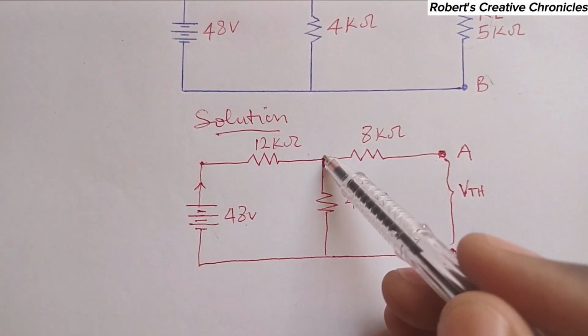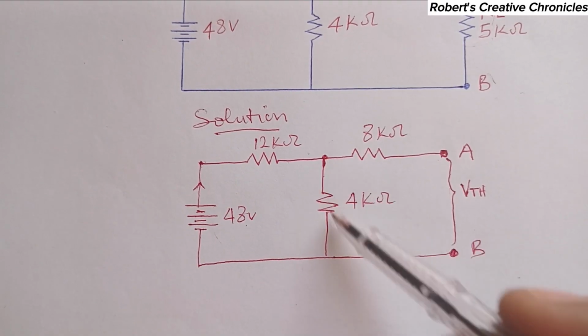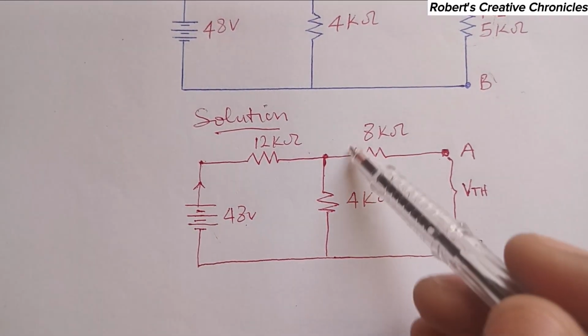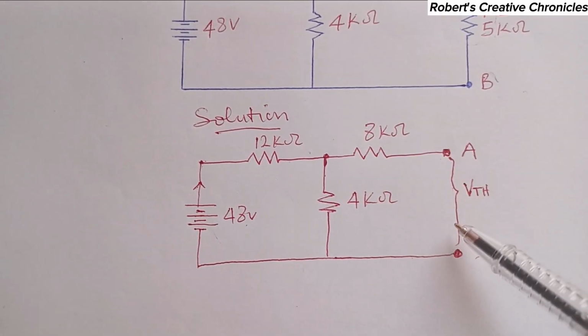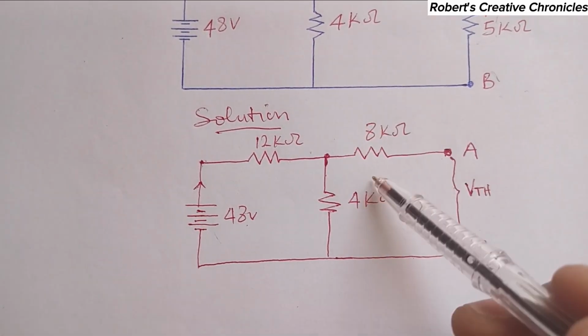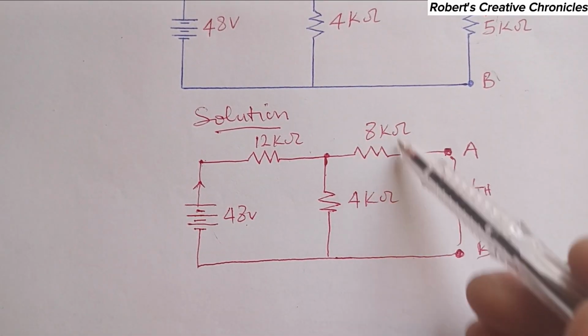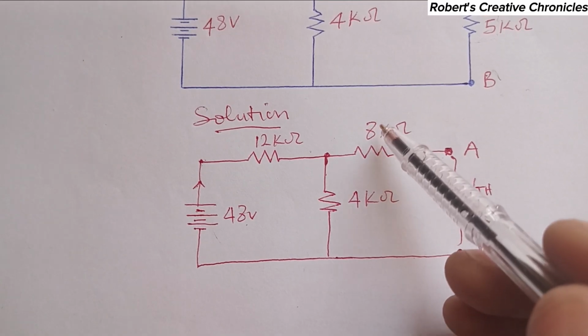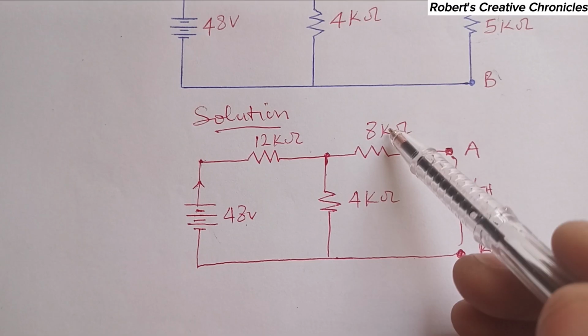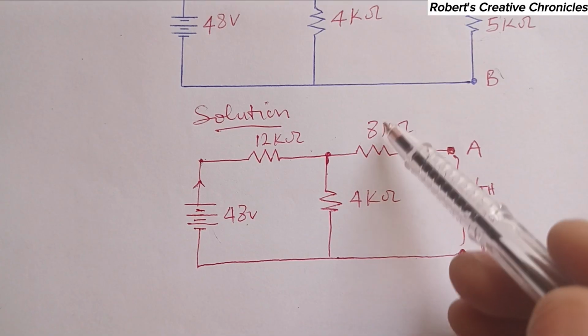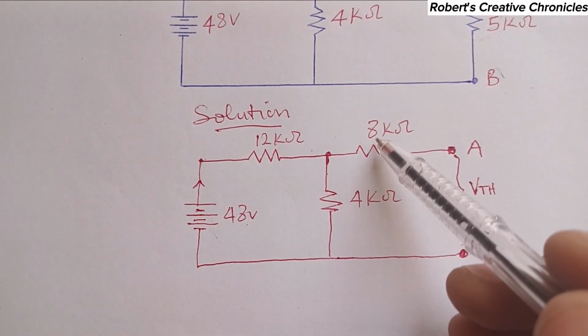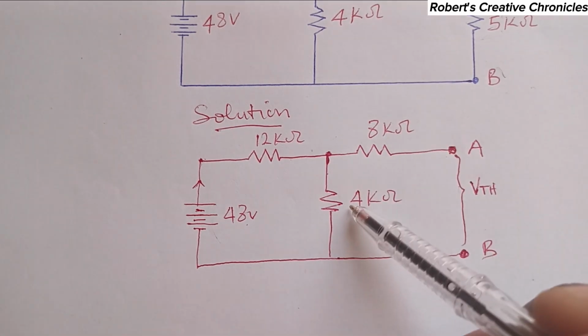When it comes to this point, all the current will enter the 4 kilo ohm resistor. No current will enter the 8 kilo ohm resistor because here is an open circuit. There is no current that will flow here, and when there is no current here, the voltage here will also be zero. So the current and the voltage here, everything is zero.